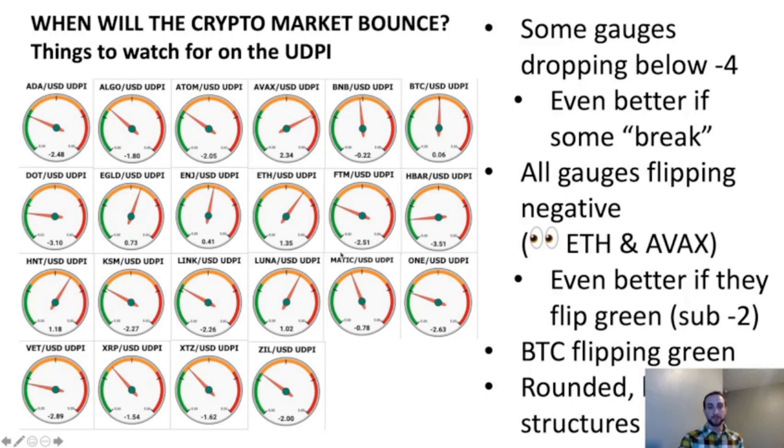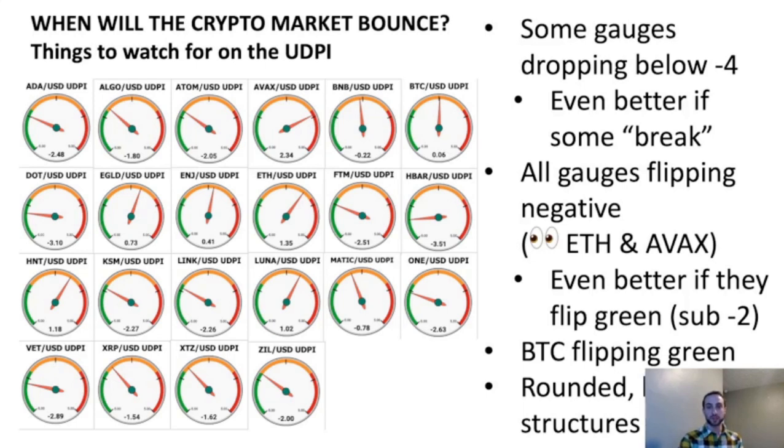So these are some things to watch. This is the list. We're going to continue to monitor this. There are none below -4 right now. We want to see if that changes. Currently, 15 of the 22 are negative. Currently, 10 of the 22 are green, meaning they're below -2. So, we're going to want to monitor the proportion there.